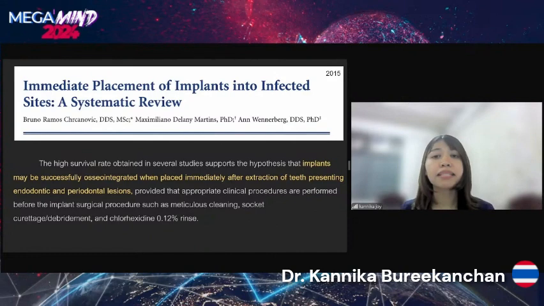A 2015 study by Shakanovic et al. found that several studies support immediate implant placement in teeth with periapical lesion or periodontal disease can be successful in osseointegration. But before implantation, the socket must be debrided and cleaned.